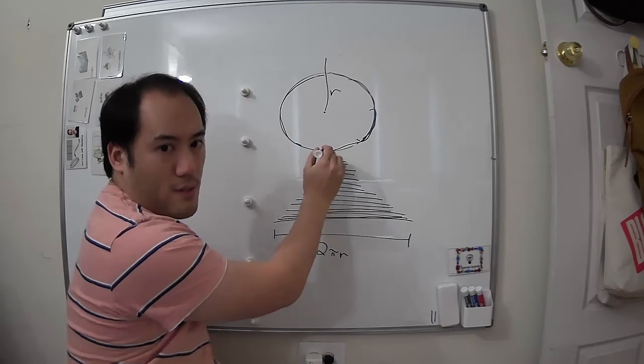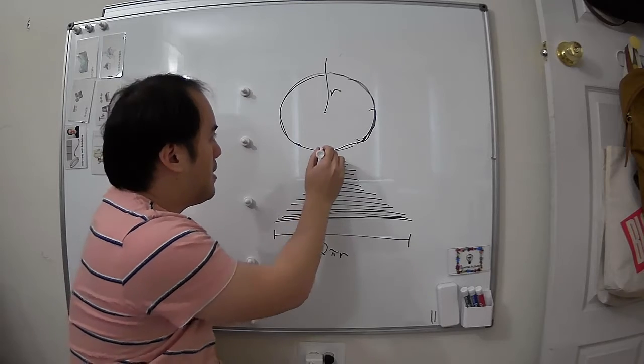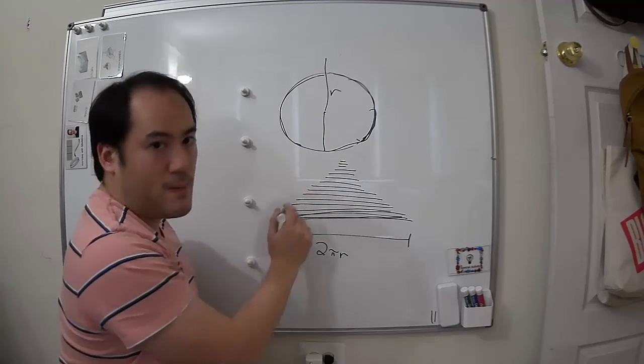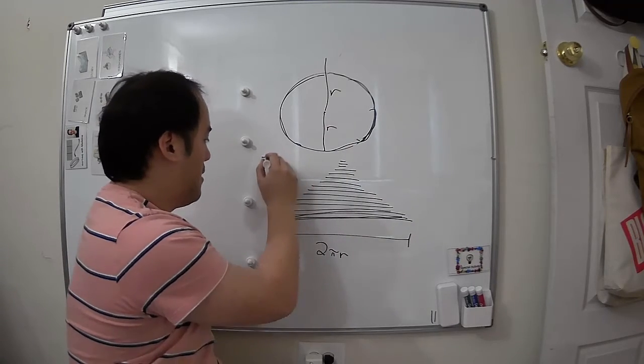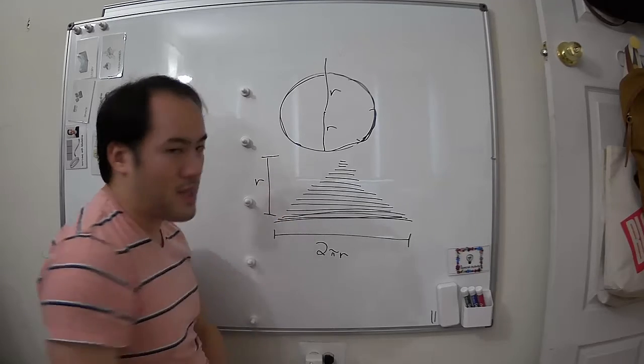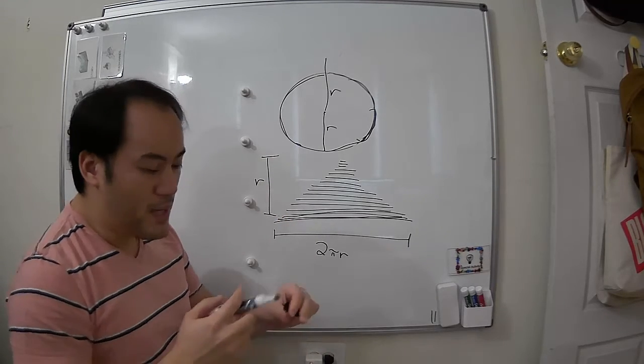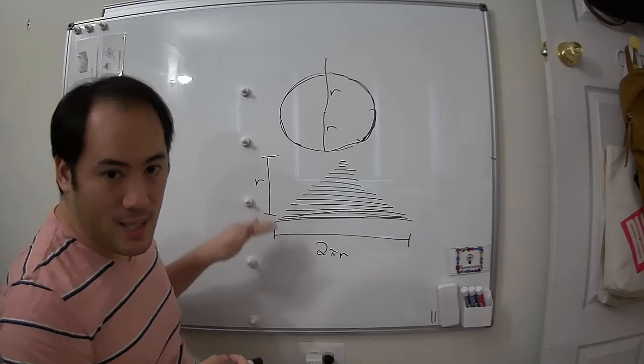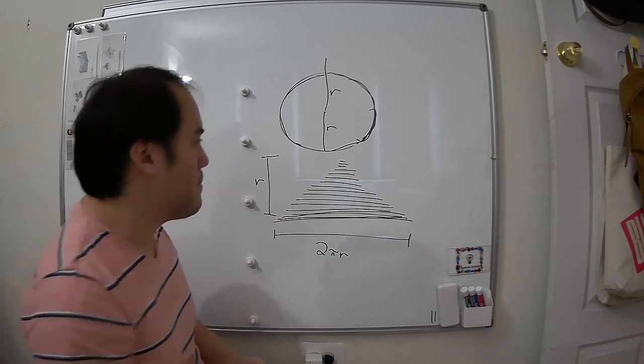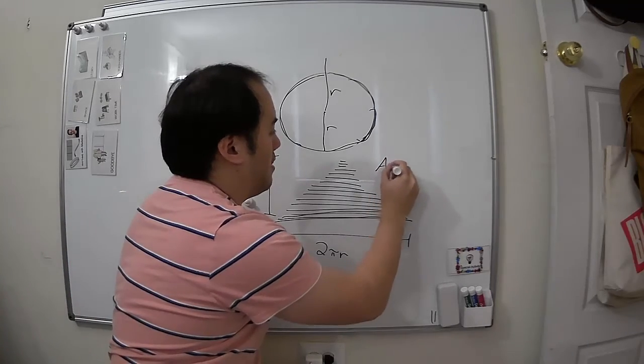This is the bottom of the first piece of paper. This is the bottom of the last piece of paper. Height r, oh my gosh. The area of a circle is 1/2 base times height. It's 1/2 times 2 pi r squared. It's pi r squared.